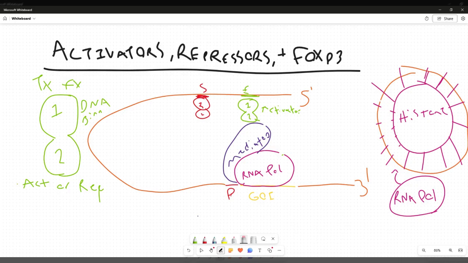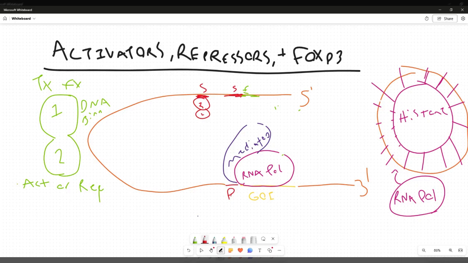So the first mechanism is you can overlap an activator. Let's say here's my enhancer, and I have a silencer right next to it. Let's say I don't want to enhance.